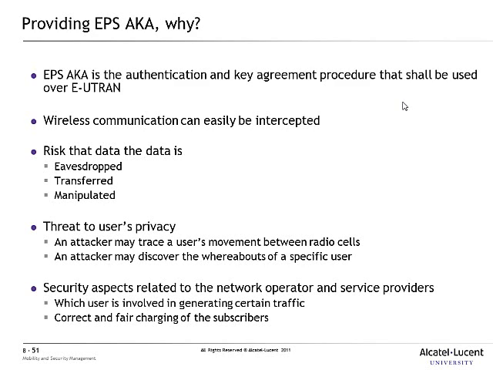Another type of attack, privacy, is where if somebody is able to monitor the messages associated with cell selection or cell reselection or handover, then somebody can track your movement. These are some security threats associated with wireless communication, and we need to have mechanisms to overcome these problems.